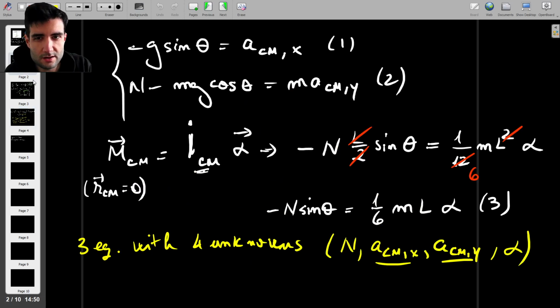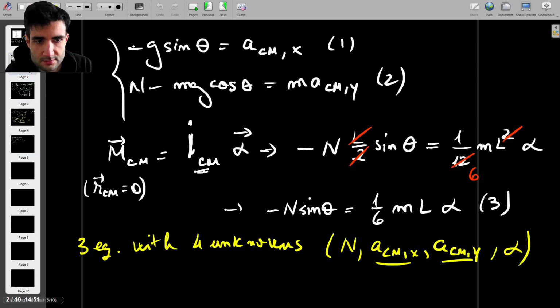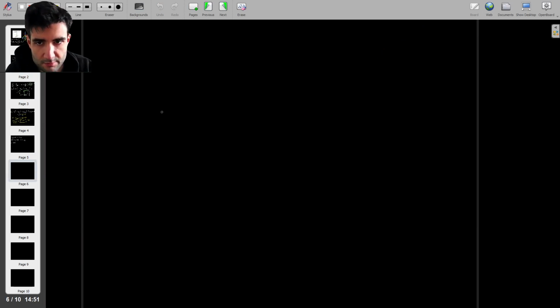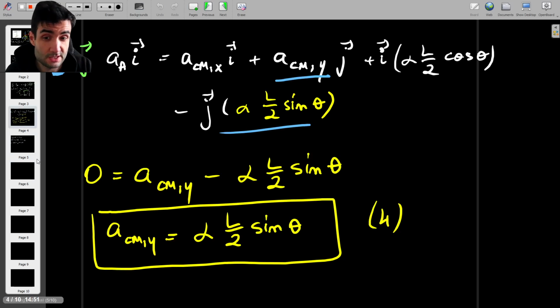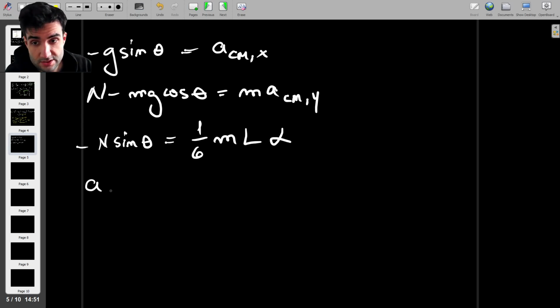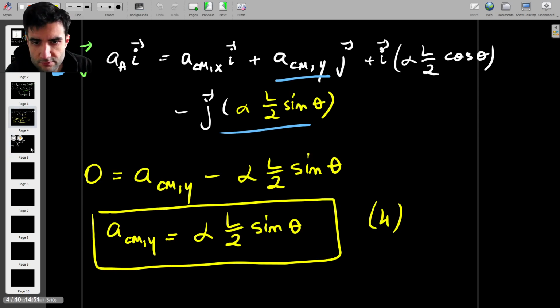And then we have the rotation part of the problem, so we have minus N sine theta equals 1 over 6 m L alpha. So those were our initial three equations, and then we have this one which says that the acceleration of the center of mass in y is equal to alpha L over 2 sine theta.